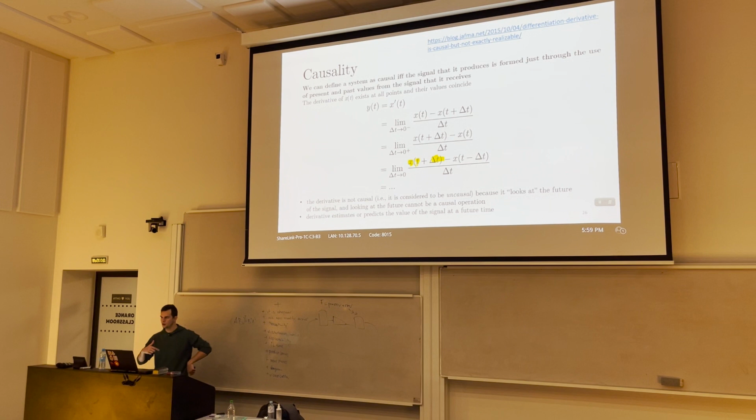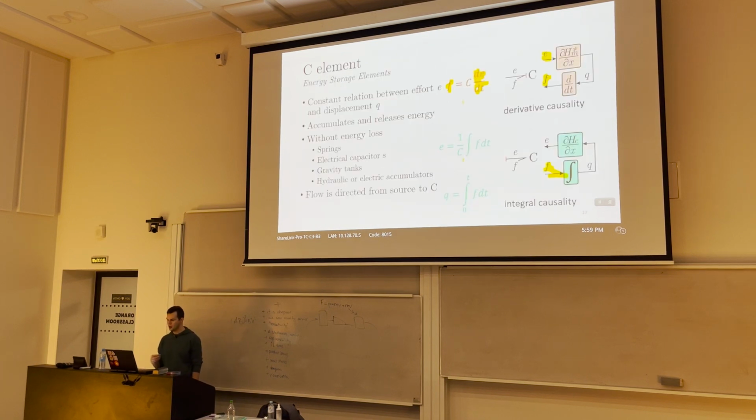So you need to know the future state minus the past state. But you're not able to know the future, you can only predict. So it's an estimation. Estimation can be wrong. And in order to make a more physically consistent system, which is more precise, we need to use integral causality.